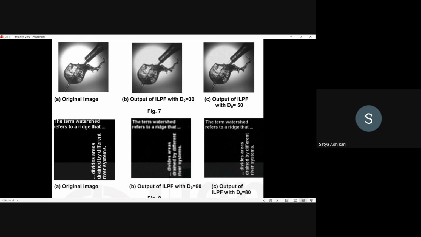But if we increase the D0 value to 80, it is clearer than the first one. So a proper D0 value must be selected.